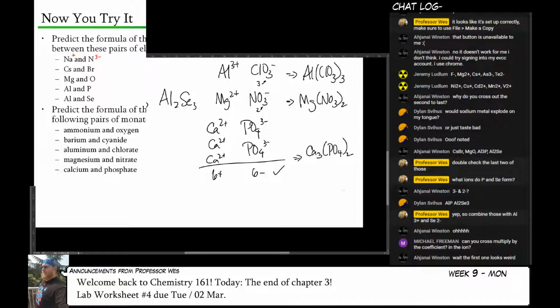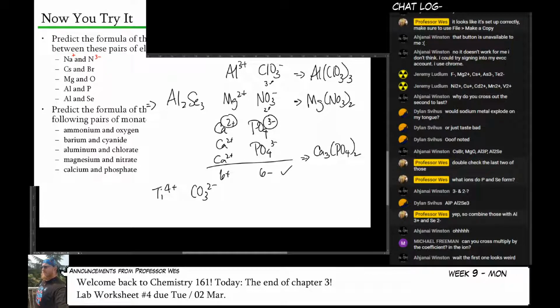Now, an example where just doing the cross multiplication wouldn't work, where you just say, oh, I'm going to just multiply these 2 numbers together. That must be the total charge, right? If I gave you something like this, and like that, because you can do ionic compounds with transition metals, I just have to tell you what the charge is, right?